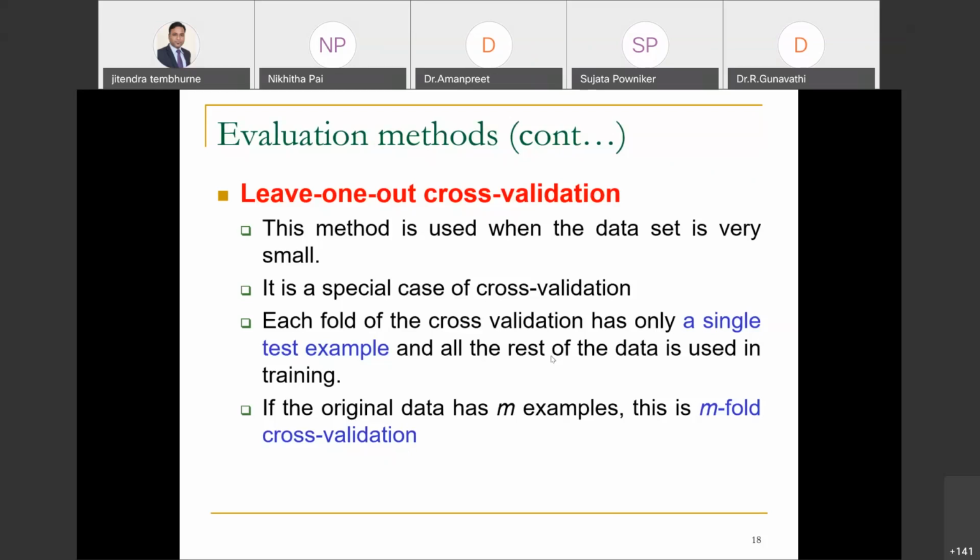So here we have learned these three: for large data, we have training data and test data; for medium size, you can have disjoint subsets; and for small size, you can have a single example as a test.